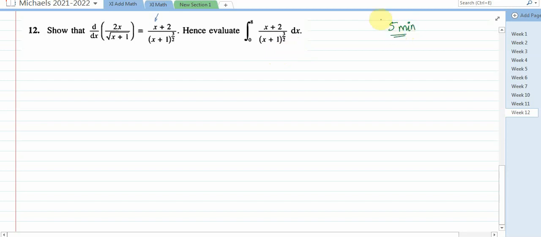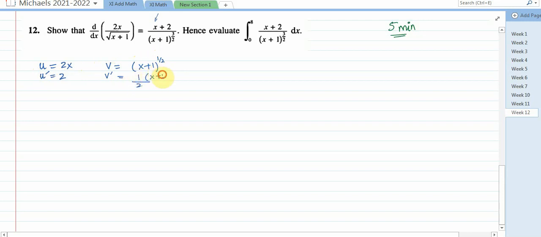So start. Alright, let me start from the differentiation. We have the function 2x over root x plus 1. So I can say that u is equal to 2x and the derivative of u is equal to 2. V is equal to (x plus 1) with the power 1 upon 2, and V dash is equal to 1 upon 2.